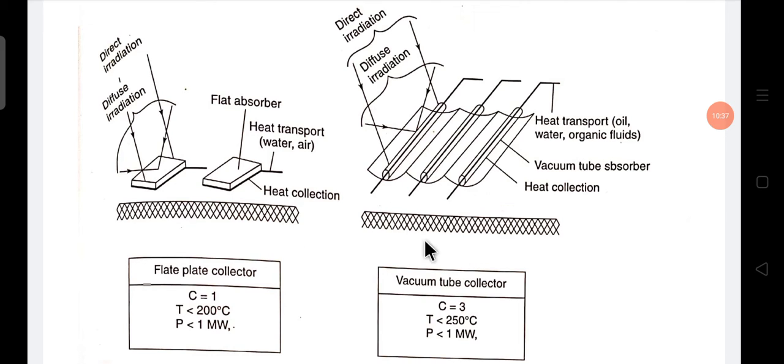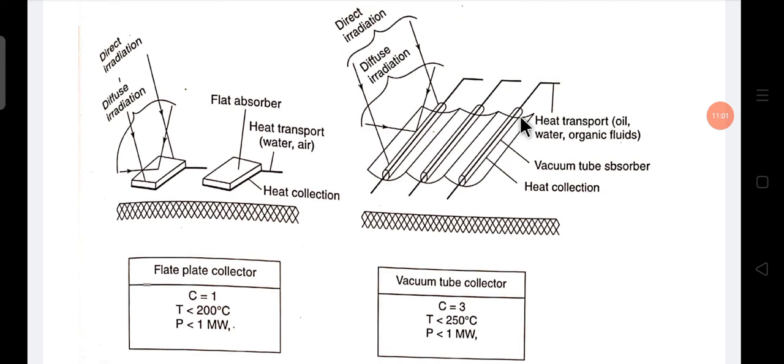Similarly, one is the vacuum tube collector. Vacuum tube collector means there is a reflector, and there are rods, okay, and those rods do not contain any thermal liquid or thermal fluid.